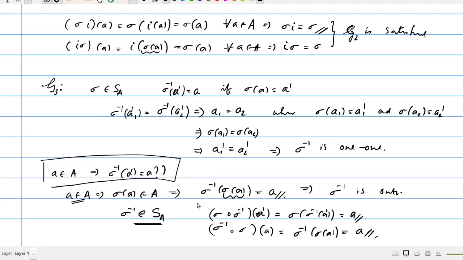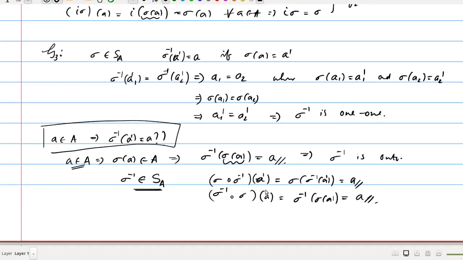Here we didn't use any concepts of cardinality, whether finite or infinite. Whatever A may be, SA is a permutation group that always satisfies the axioms of a group.